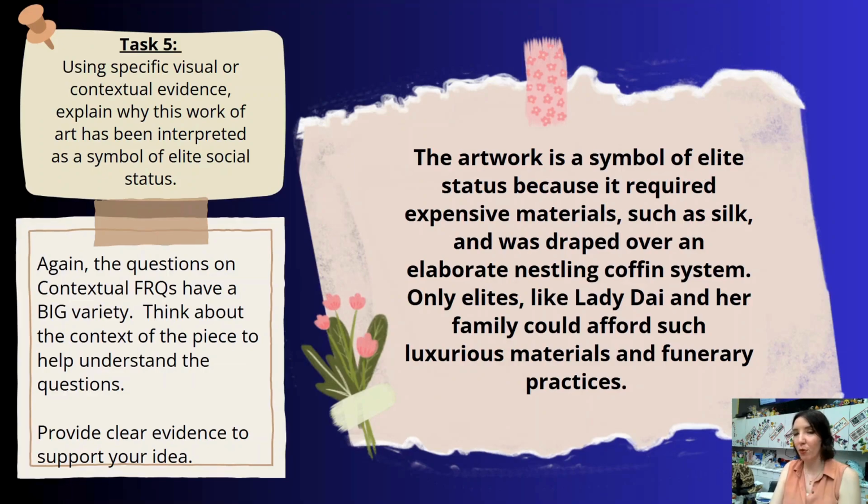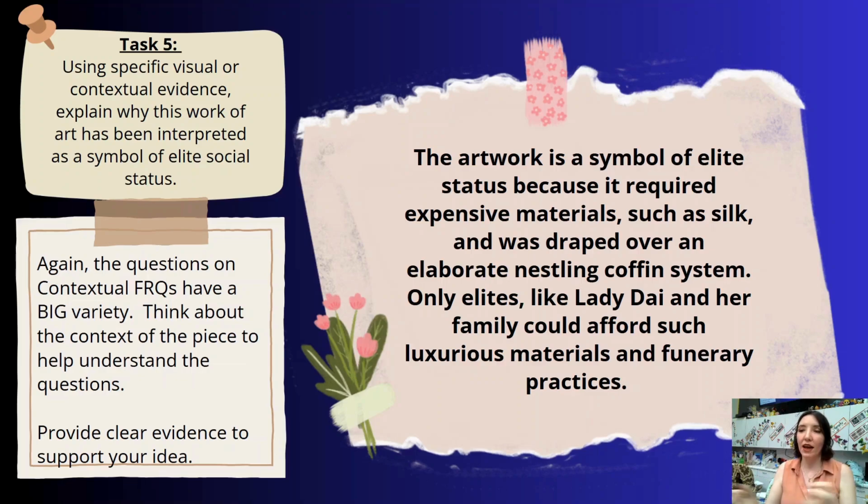Last task point, because this is a 5 task point FRQ. Using specific visual or contextual evidence, explain why this work of art has been interpreted as a symbol of elite social status. This is another one where it's very specific about the piece. Visual or contextual here, very helpful.